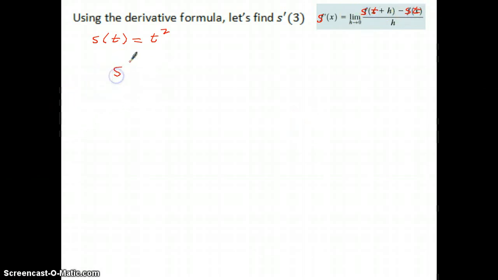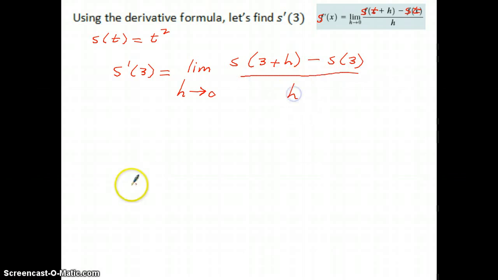We have s prime of 3 is equal to the limit as h goes to 0 of s of 3 plus h minus s of 3, all divided by h. So let's plug in.